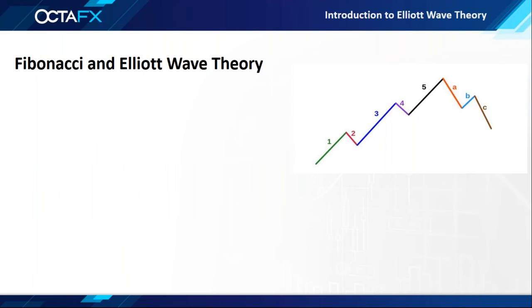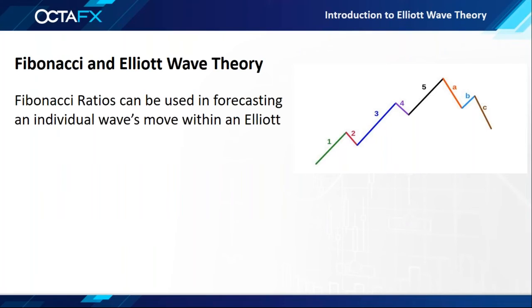Next up, let's talk about Fibonacci and Elliott Wave Theory. Fibonacci ratios can be used in forecasting an individual wave's move within an Elliott wave pattern. So this is something that potentially has predictive value and something that you could apply in your trading fairly quickly.